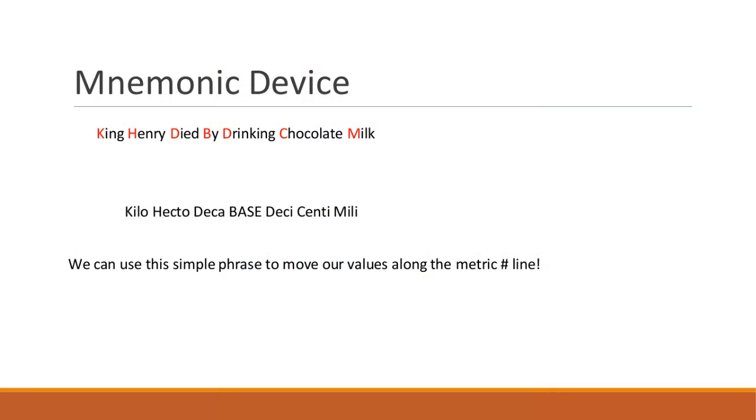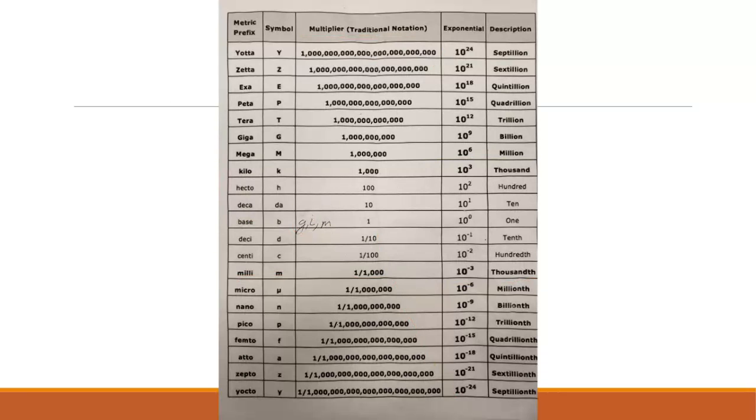You can use the page I just showed you, and you can use these values to determine where you're going from base. But there's a way easier way to convert metric values, especially within that KHDBDCM.